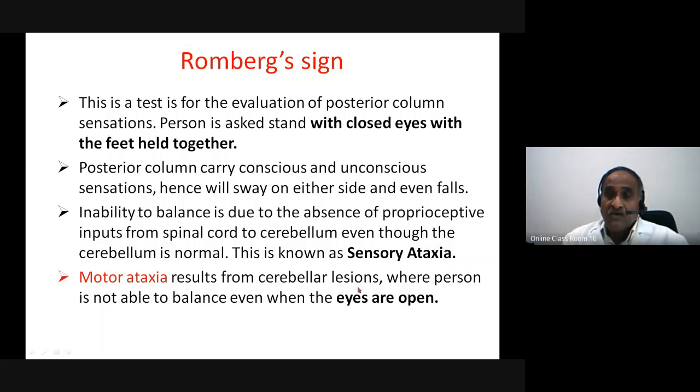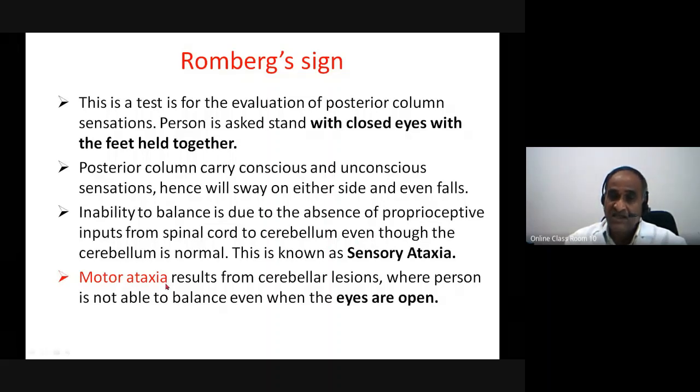Now, if I take it the other way around, this is normal. If the sensations carried by the spinal cord are okay, whatever these posterior column sensations, but the cerebellum is damaged, in that case that is called motor ataxia.